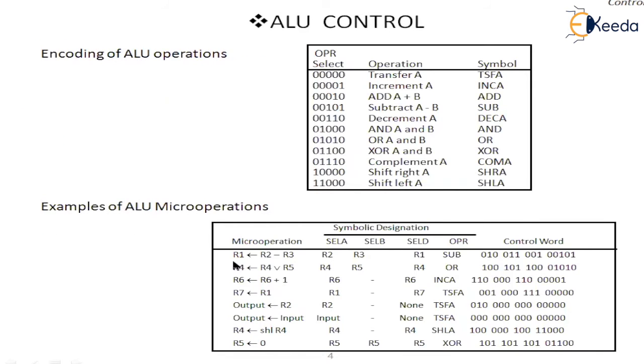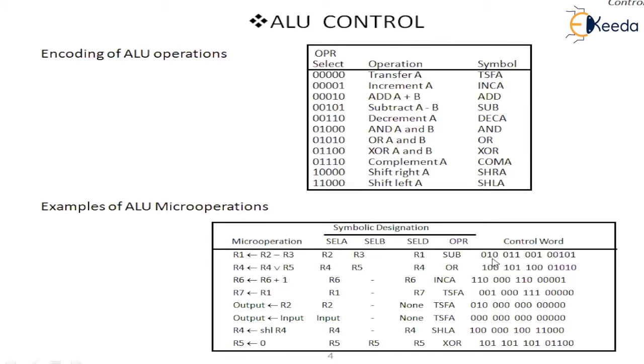Okay, so R2 must be the first source register. So R2 must be selected at Sel A. If Sel A has to be R2, it must be 010, right? Yes, 010 is selected at Sel A. This is the control word. Sel B should be R3. R3 is equal to 011.